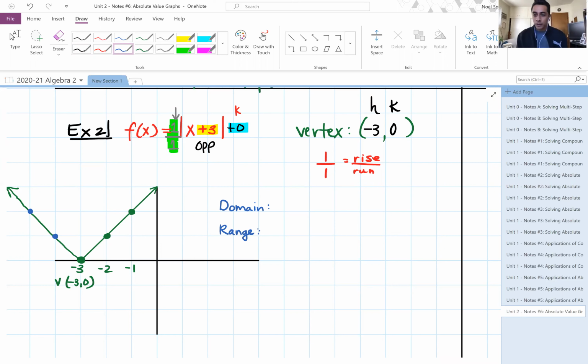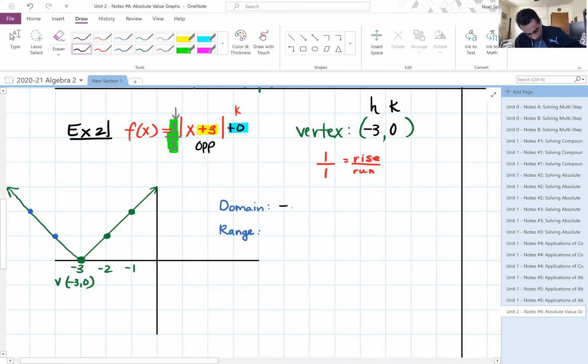What can we say about the domain every time we have absolute value? All real numbers. Yep. All real numbers.